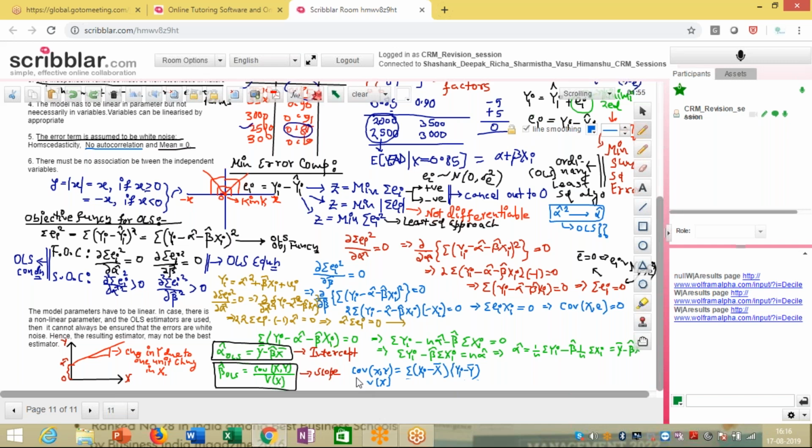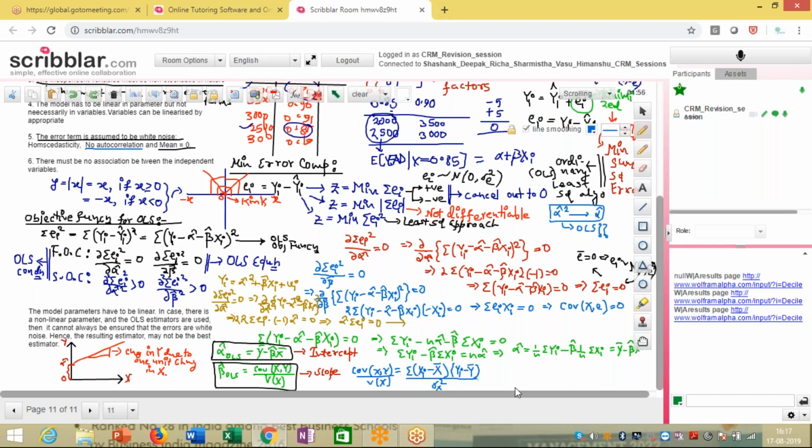Now, while the overall variation in x is Vx, the change in y due to change in x is covariance xy. Now, if the variation in x is unity, the change in y with respect to x is covariance divided by the variance of x, which is sigma x square.